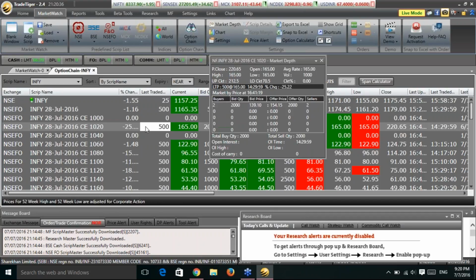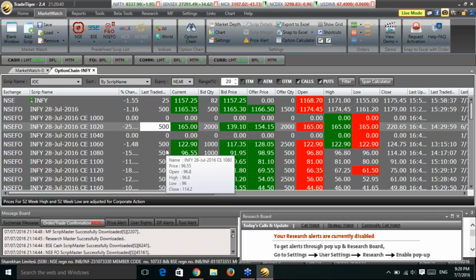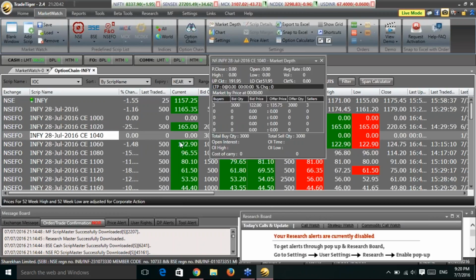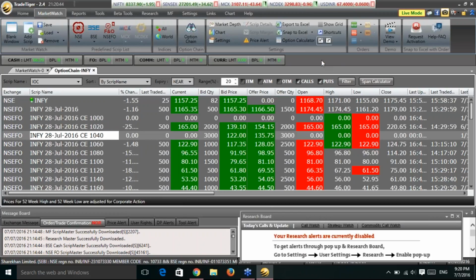Now let's move further down. You can choose any strike price. The concept is that if you think the market will be bullish, you will buy a call option. But you also have to understand where you expect the market to close at the time of expiry.